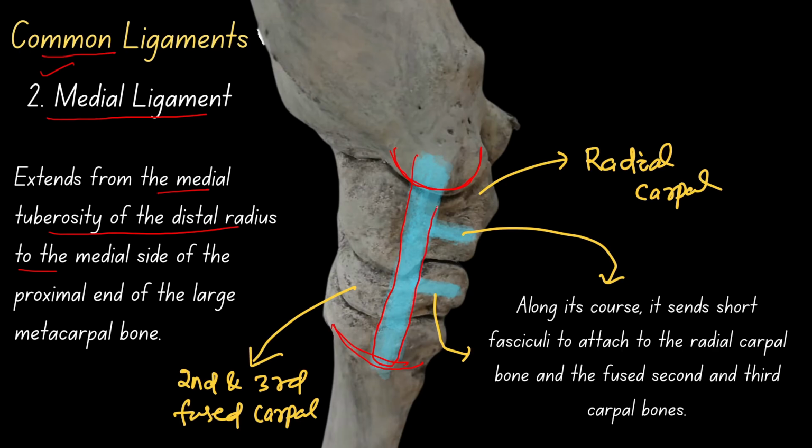Along its course, it sends short fasciculi to attach to the radial carpal and the fused second and third carpal bones, to stabilize them.